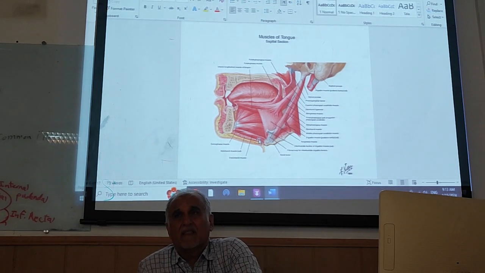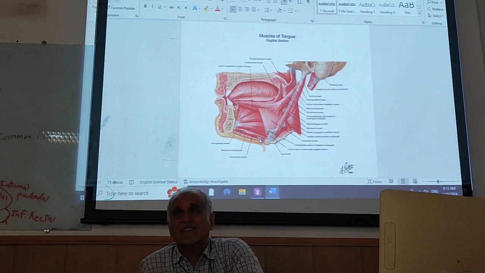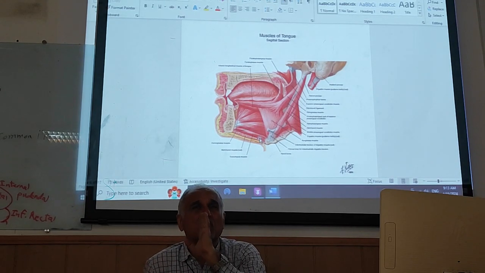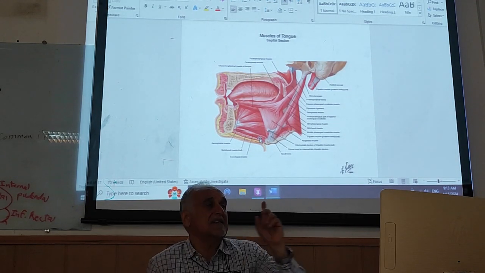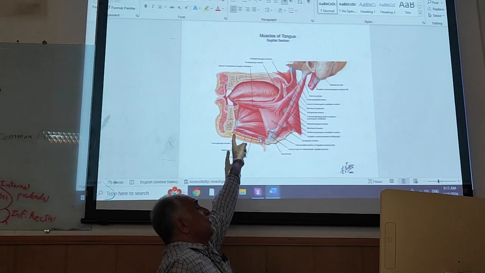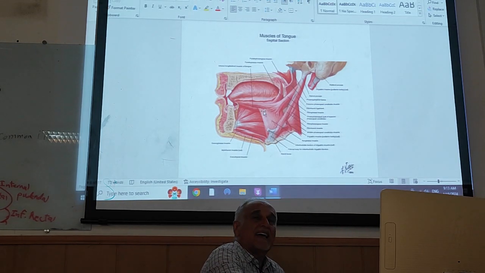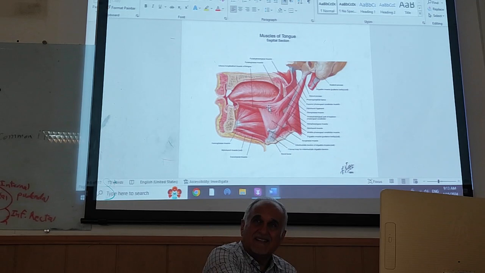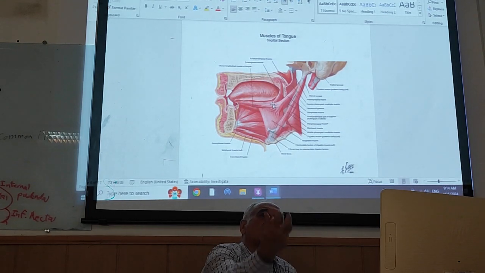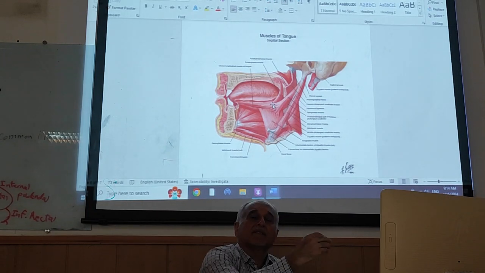It holds the tongue to the outside, right? Yes, it lets the tongue come outside, because as you can see here, it originates from this part and attaches to the tongue. So when this muscle is paralyzed, the tongue goes back.